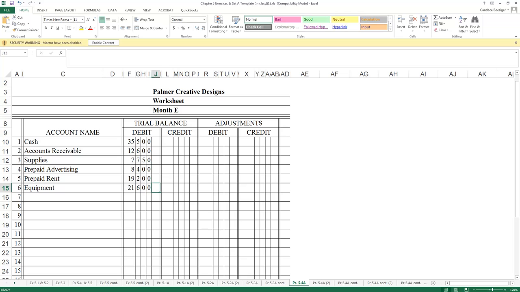You'll notice a couple of these accounts, they don't have any balance, but we do still need to put the account name there.